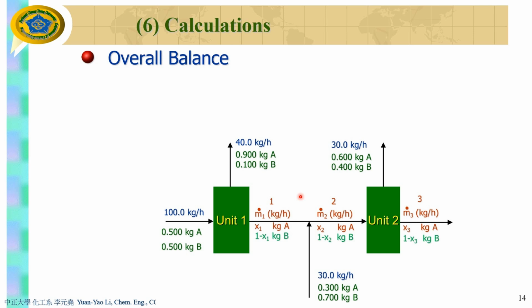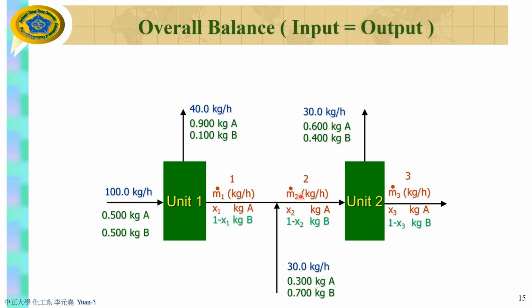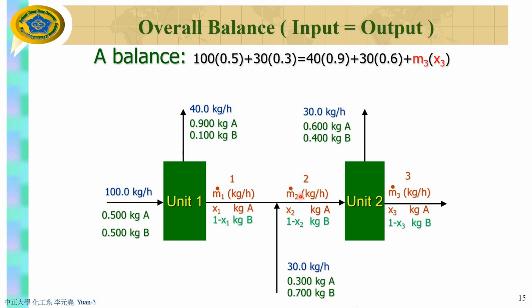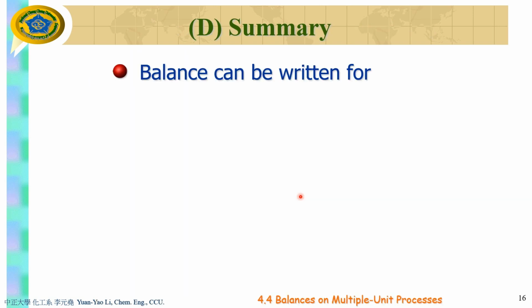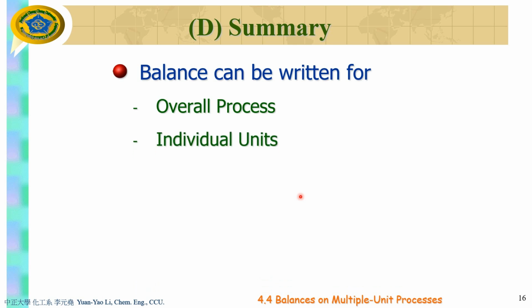So I do the calculation now. Again, I don't want to waste your time, so please practice this by yourself. So this is the summary. Once you have a multiple unit system, you have to count how many systems you have. First is the overall process, right? Second is the individual unit processes or systems.